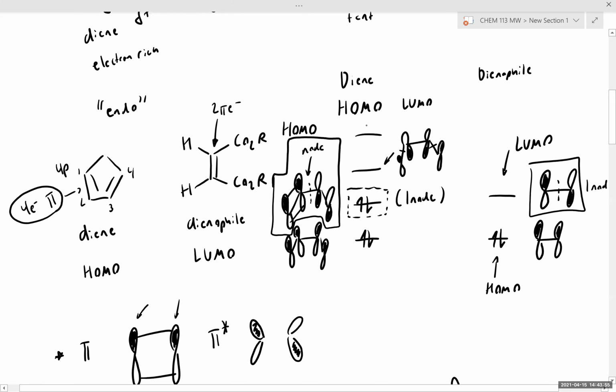So we now have the HOMO of the diene and the LUMO of the dienophile. And one thing I'd like you to notice when we look at these 2 orbitals: are they relatively close or far away in energy?